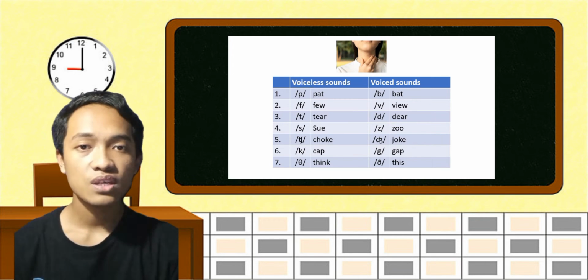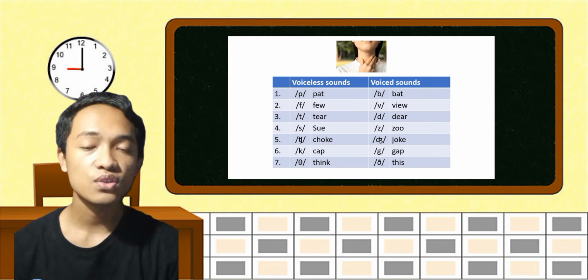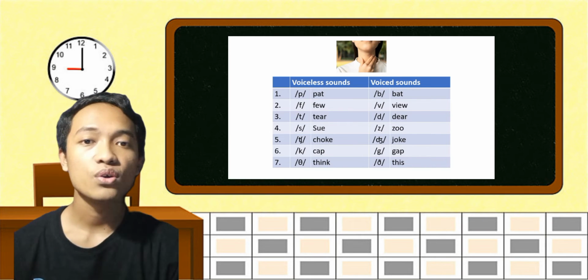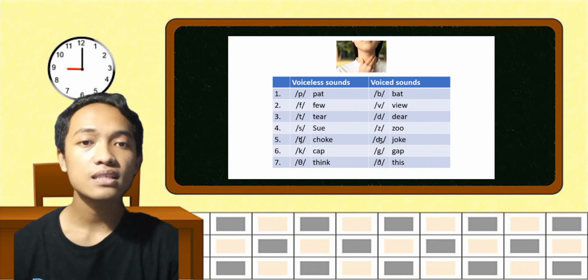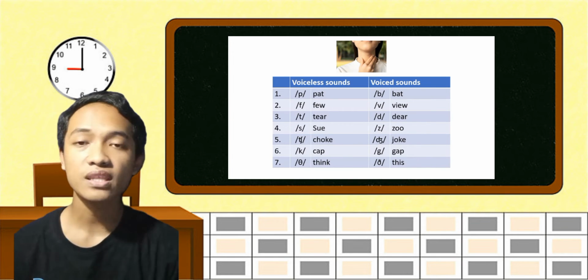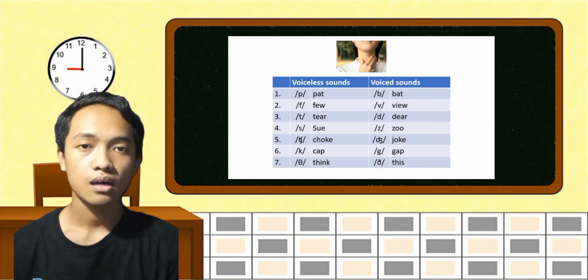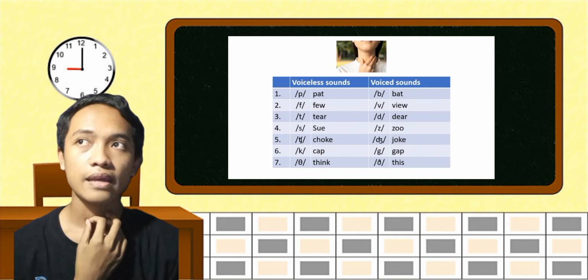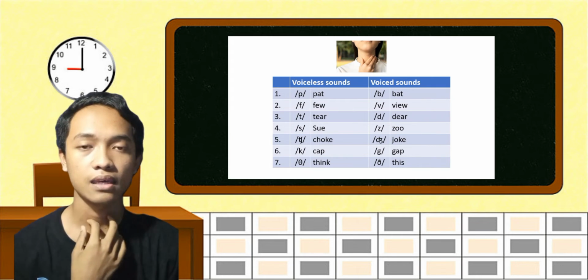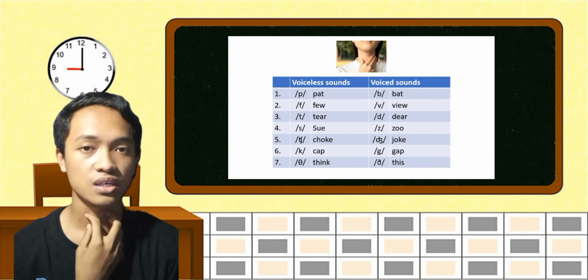If you place two fingers on either side of the front of your neck, just below your jawbone, and produce a sound, you should be able to feel a vibration. For example, b, big, v, very, and then m, like man. That is a vibration.